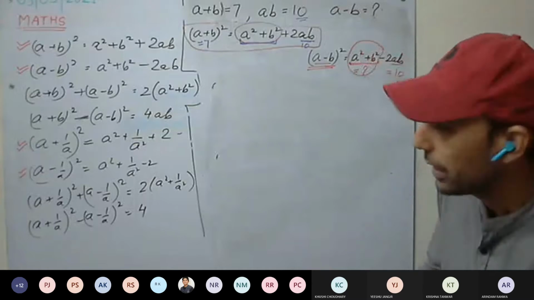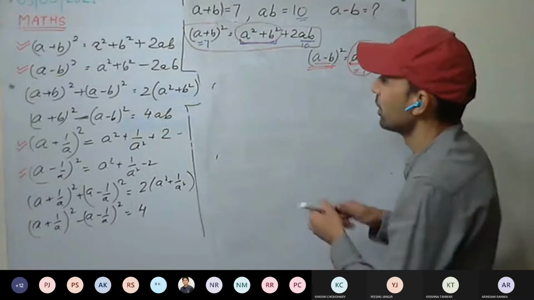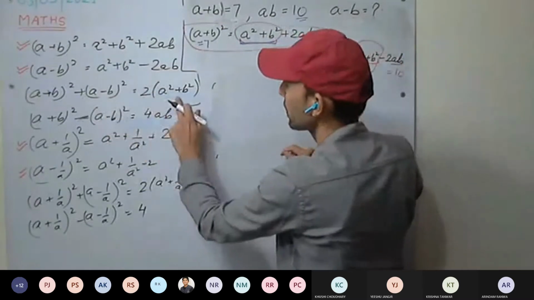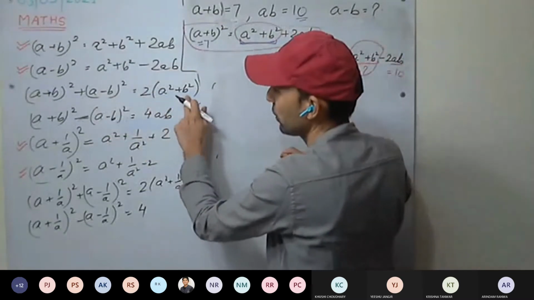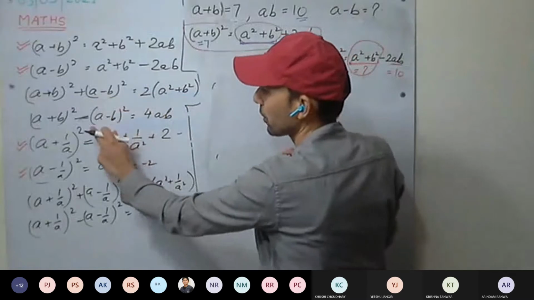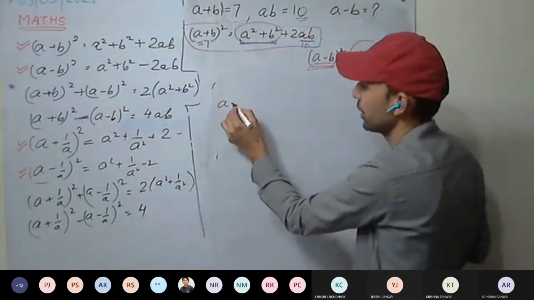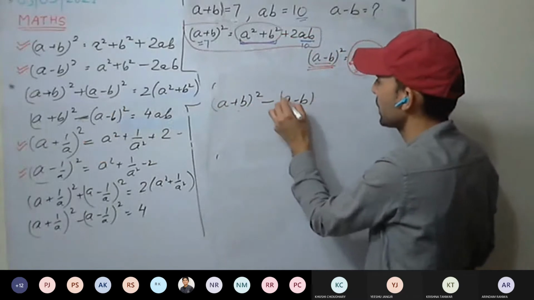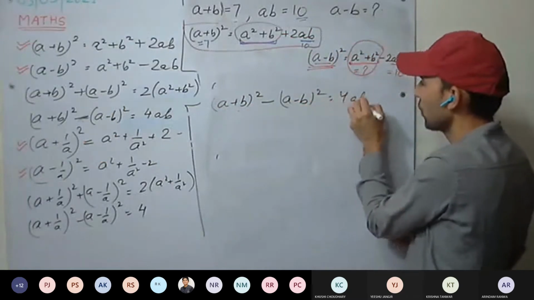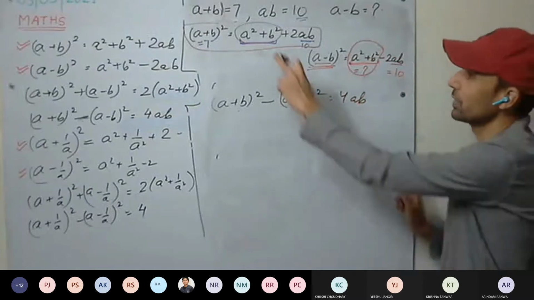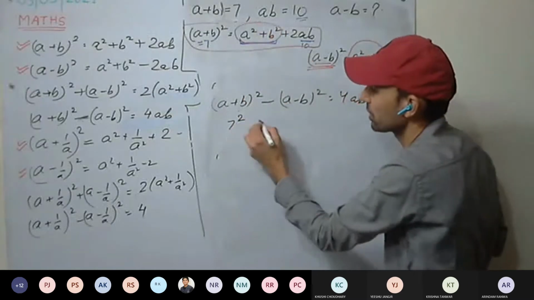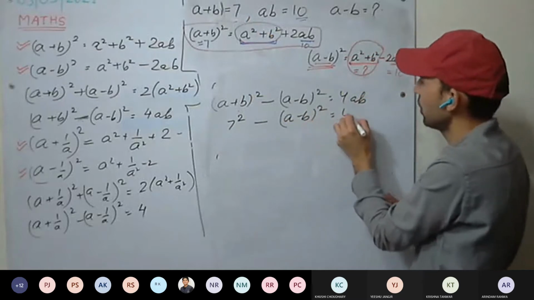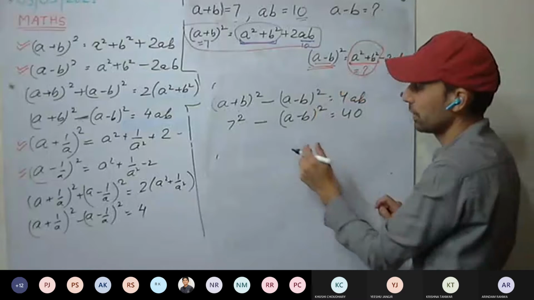Okay, second way. Which identity? A plus B and AB are given, A minus B we have to calculate. Check this identity: (A plus B) the whole square minus (A minus B) the whole square equals 4AB. Simply put, 7 square minus (A minus B) the whole square, whose value we do not know, equals 4 into 10, 40.